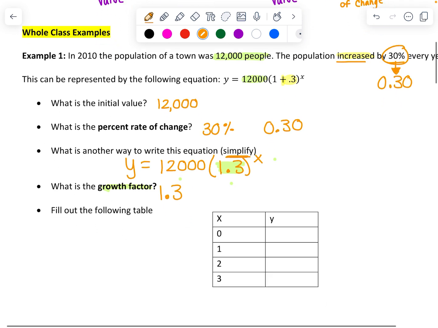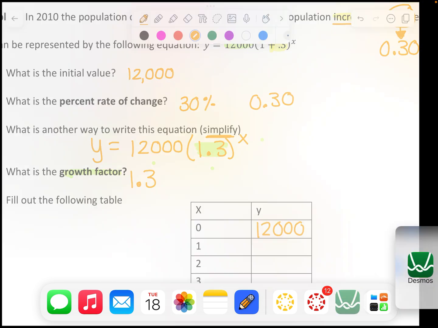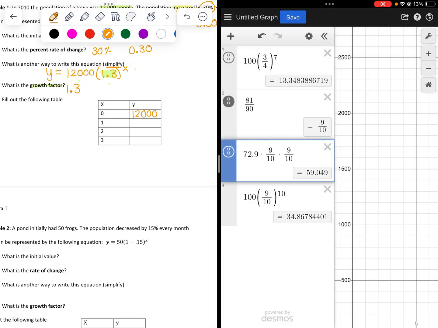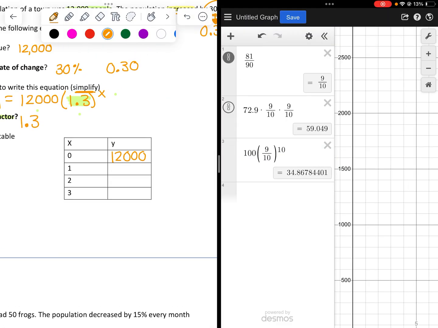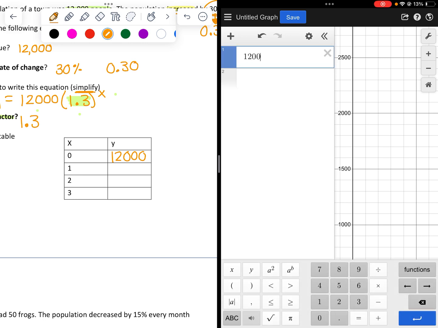Okay, so we're going to fill out the following table. Our x is 0, that's our initial value. We start with 12,000 people. You can go back and use your equation and change the exponents. Or if you want, you can just take your 12,000 and multiply it by 1.3.